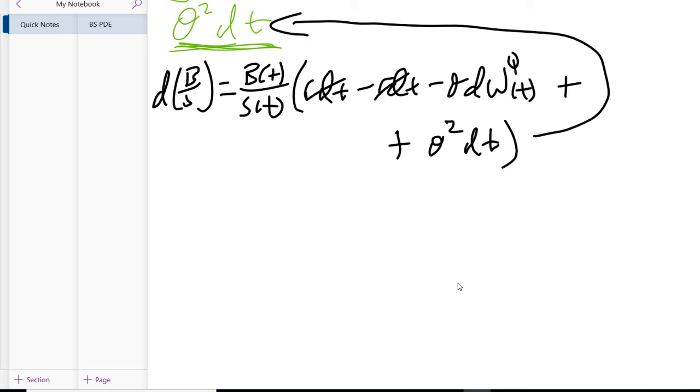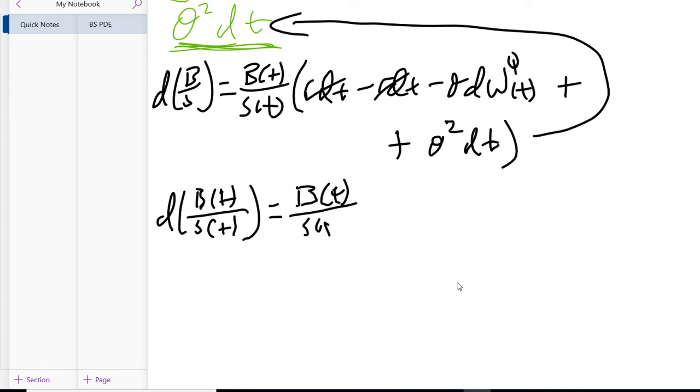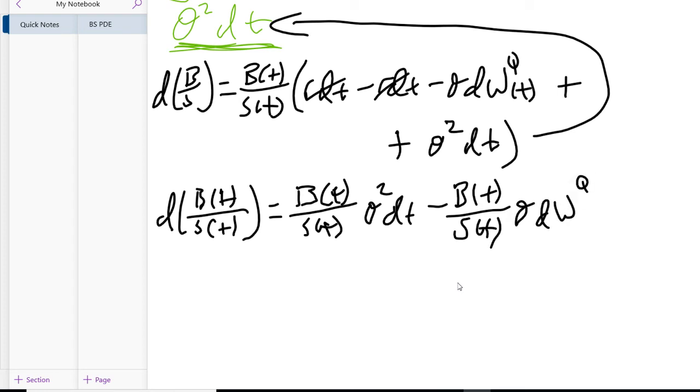So that means that we can write this now as totally final form equals bt over st sigma squared dt minus bt over st sigma dWQ t.